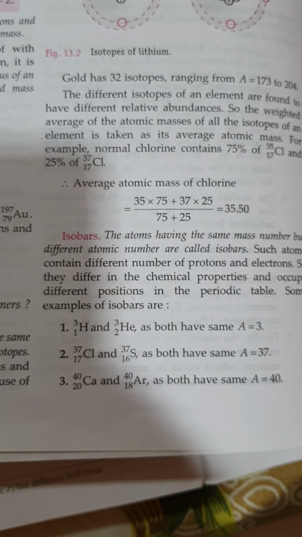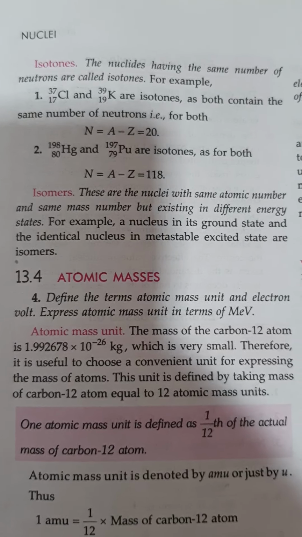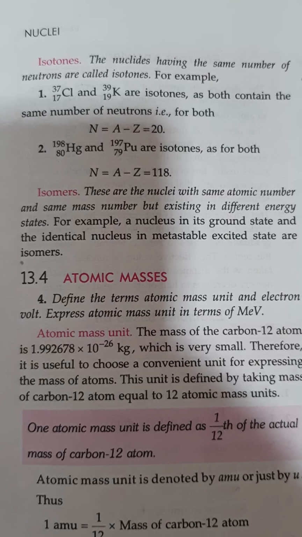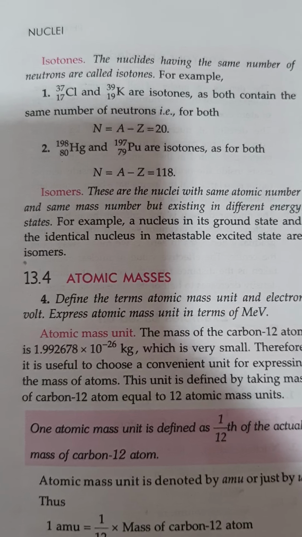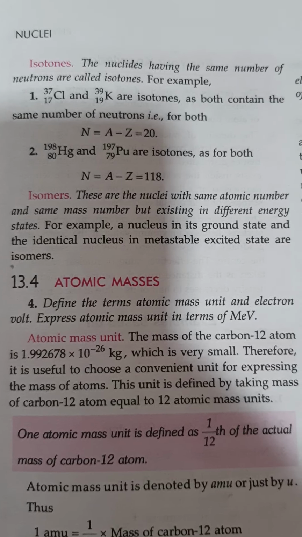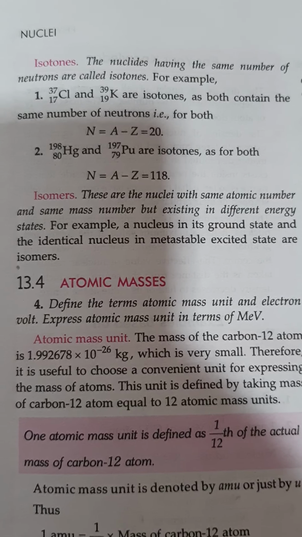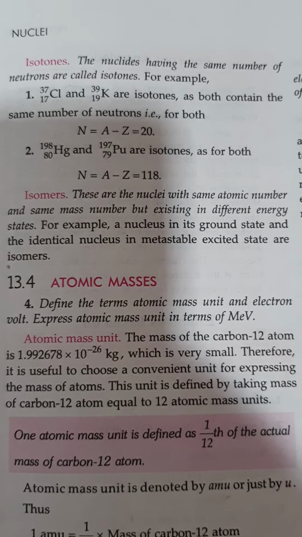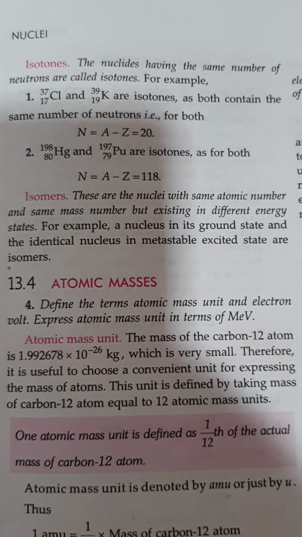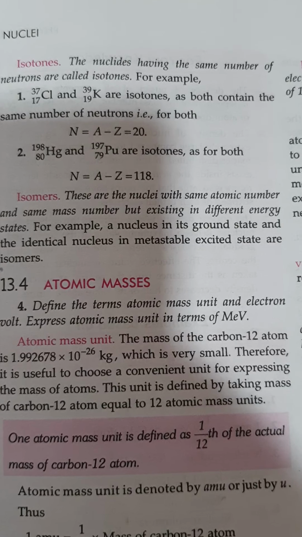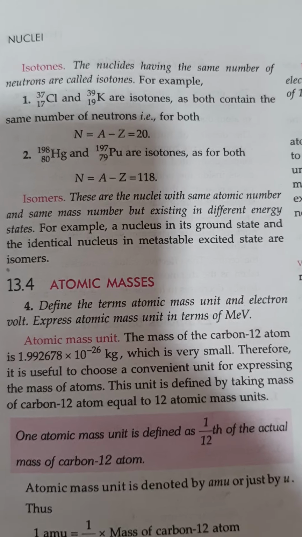So these are isobars. Now let us go for isotones. Here they have different A and Z, matlab atomic mass and atomic number are different, but the number of neutrons is the same. So nuclei having the same number of neutrons are called isotones.